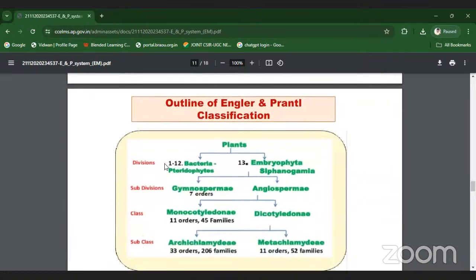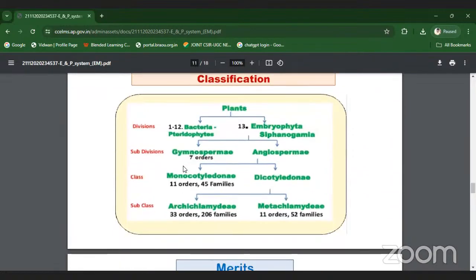This is important from the examination point of view: just draw this table and explain it. Plant divisions, 13 divisions actually, 1 to 12 are bacteria, algae, bryophyte, pteridophytes. You should write all of them, or simply write them as cryptogams.